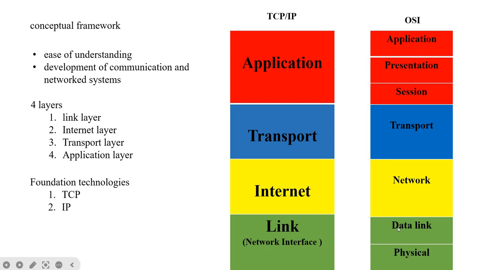The link layer is a combination of the data link and the physical layer. The internet layer is somewhat synonymous to the network layer of the OSI model, and the transport layer is synonymous to the transport layer of the OSI model, and the application layer is a combination of the application, presentation and session layers of the OSI reference model.